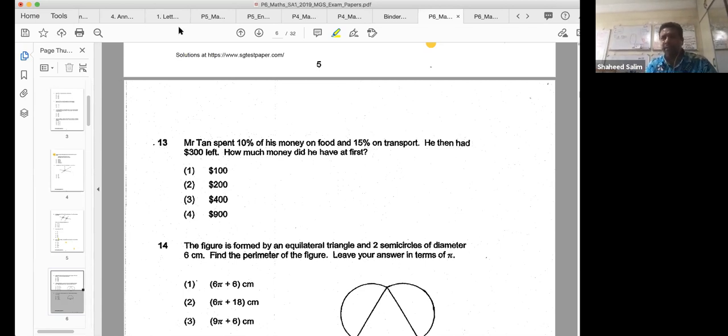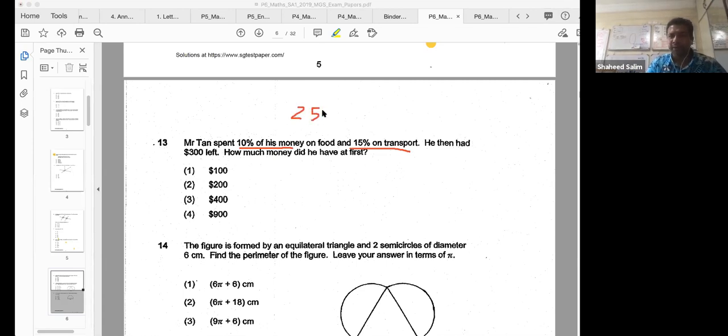So total is 100%. 10% on food, 15% on transport. Total 25% already. Balance is 75%. 75% is the balance. It's the same as $300. You want to find how much you have at first. You want to find 100%. So you can divide by 75, you get 1%.